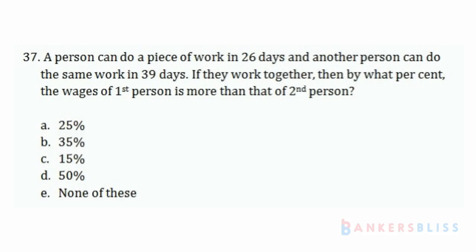Problem number 37. A person can do a piece of work in 26 days and another person can do the same work in 39 days. If they work together, then by what percent the wages of first person is more than the wages of second person?